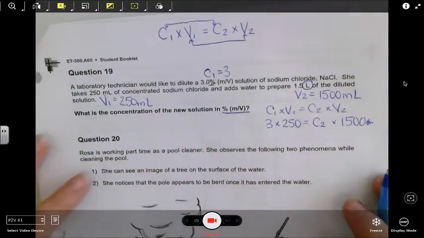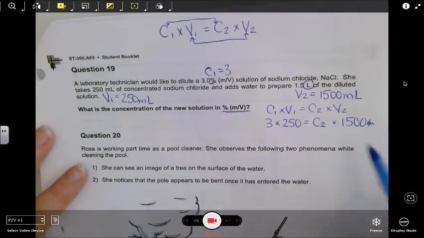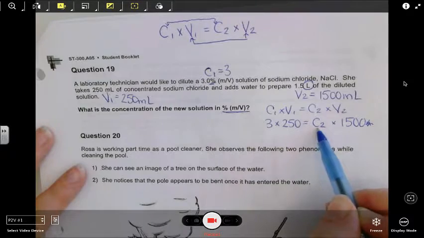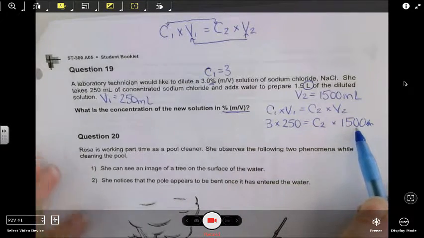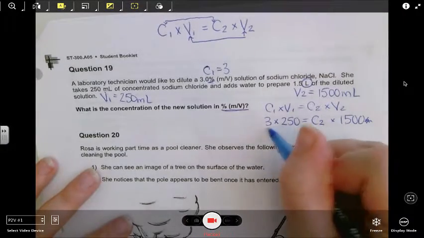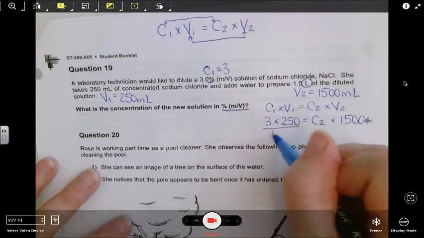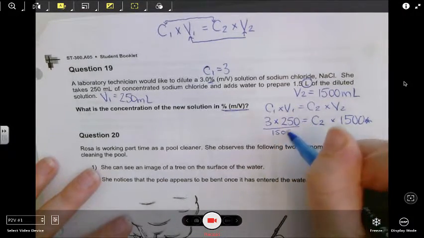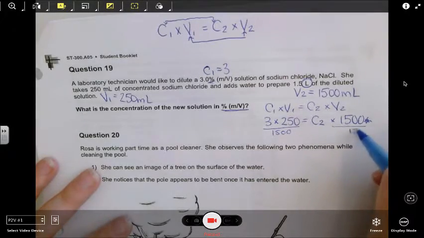In order to get C2 by itself, since it's multiplied, we do the opposite: we divide this side by 1,500.